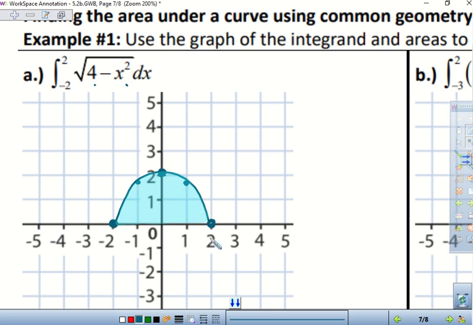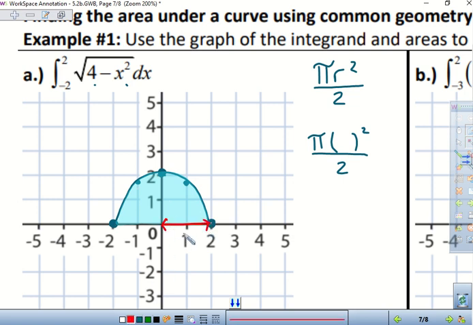This is the area of a circle, which is pi r squared. But there's one variation. What's the difference between this shape and a circle? It's only half of it, so it's pi r squared over 2. What would be the radius of this circle? 2.